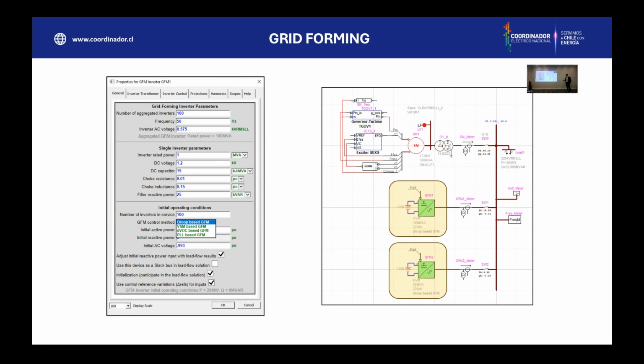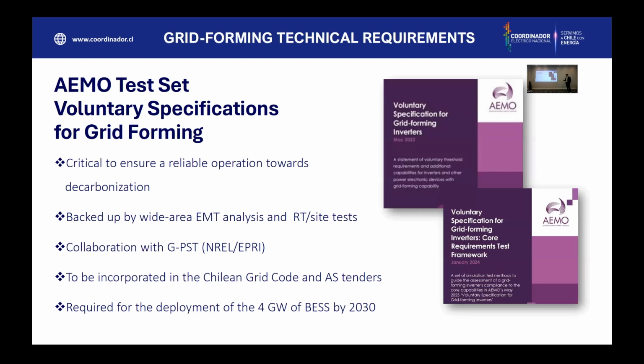We've tried this grid test, which is based on the IMO set of tests. And although we know it's voluntary, and they stated that all of the requirements are very strict, it's not mandated to meet them.